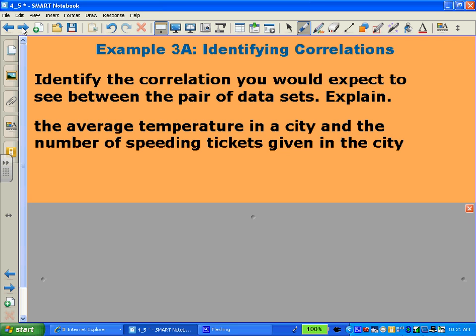The higher the temperature, the lower the speeding tickets? Or do you think that they are unrelated? Now, I know that you could all probably make an argument for either of these, but I think the majority of the time this would not be related. So we would say, actually we shouldn't write none, we should just write no correlation.